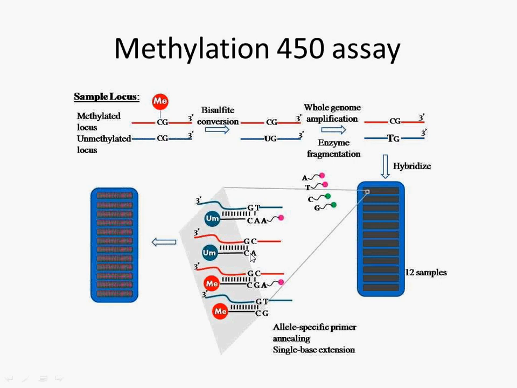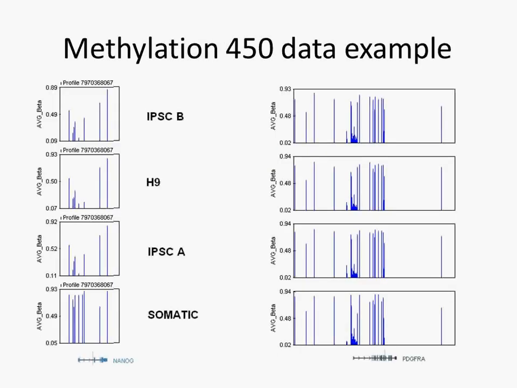If your locus is methylated, it will not hybridize here at this level to the unmethylated probe, but it will instead hybridize to the methylated form of the probe, which has the full CG, where now the single base extension can occur and color at that location can be detected on the array, and then you put the array through the HiScan scanner in order to get a representation of the entire surface that holds 450,000 probes.